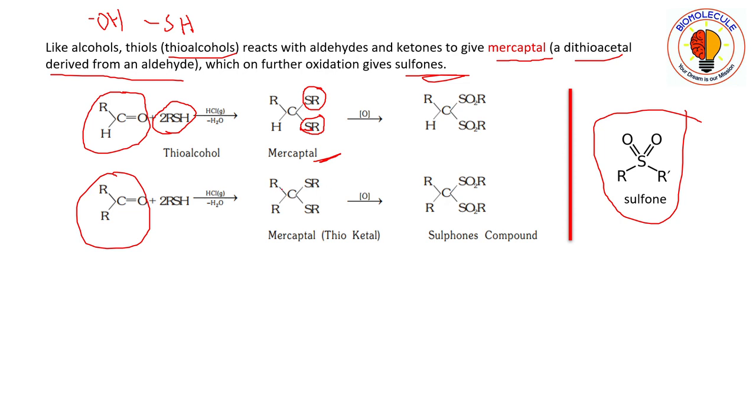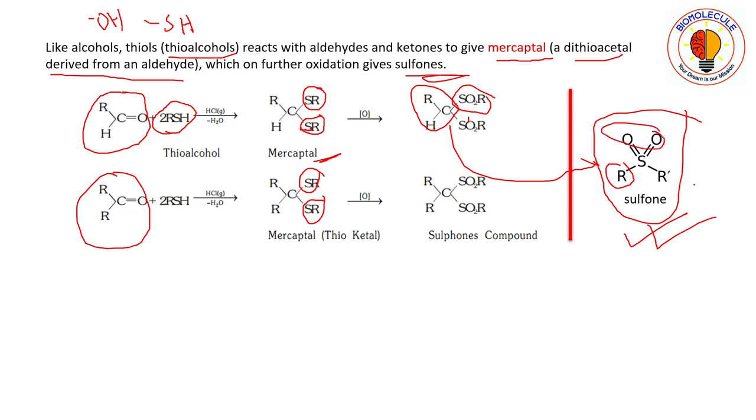Similarly here you can see instead of OR we are getting SR. Further oxidation of this SR will give you sulfone, SO2R, and this is the sulfone structure. Here this R is this group, and the next is SO2R, S double bonded to two oxygens and this R. This is the sulfone. These are the sulfone compounds.